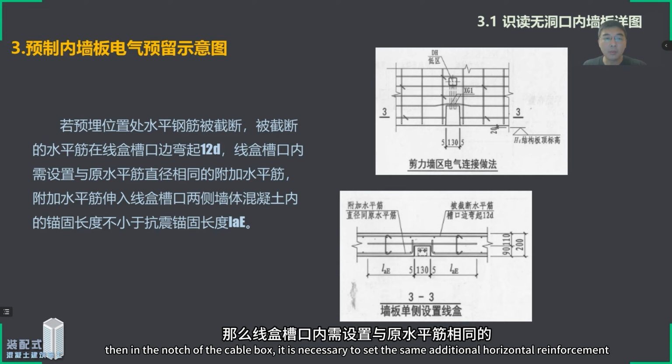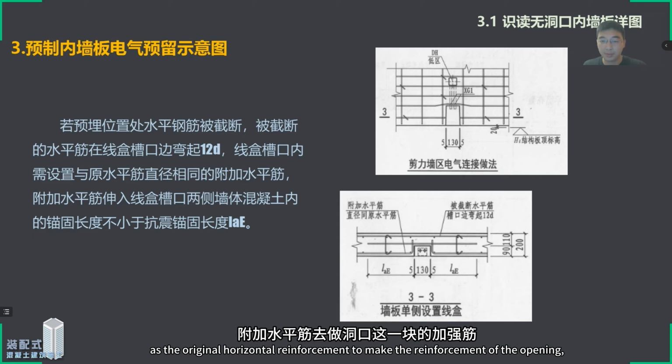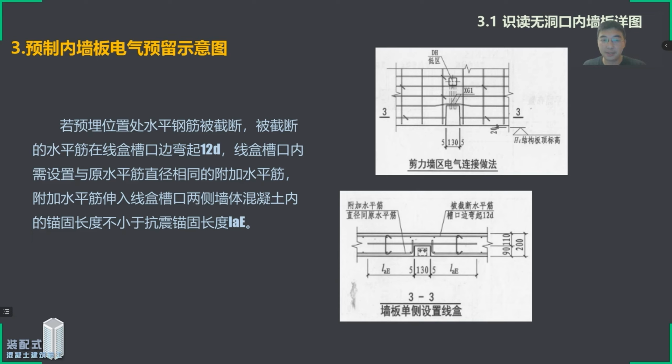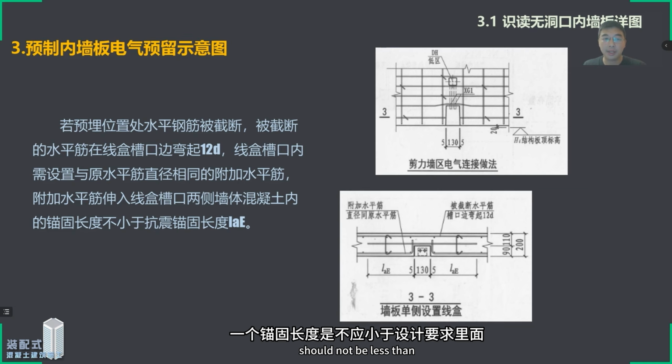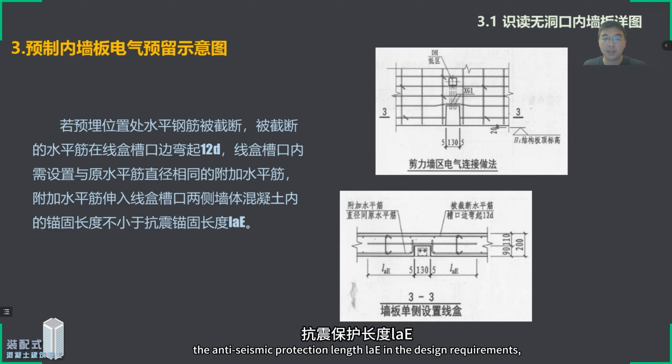Then, in the notch of the cable box, it is necessary to set the same additional horizontal reinforcement as the original horizontal reinforcement to reinforce the opening. The anchorage length of the additional horizontal reinforcement deep into the wall concrete on both sides of the cable box notch should not be less than the anti-seismic protection length LaE in the design requirements.